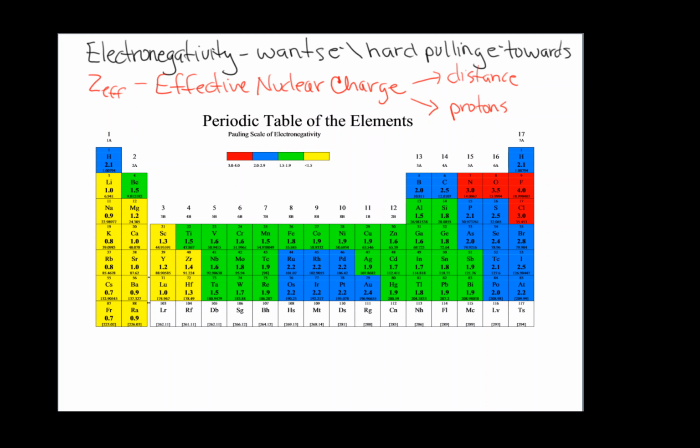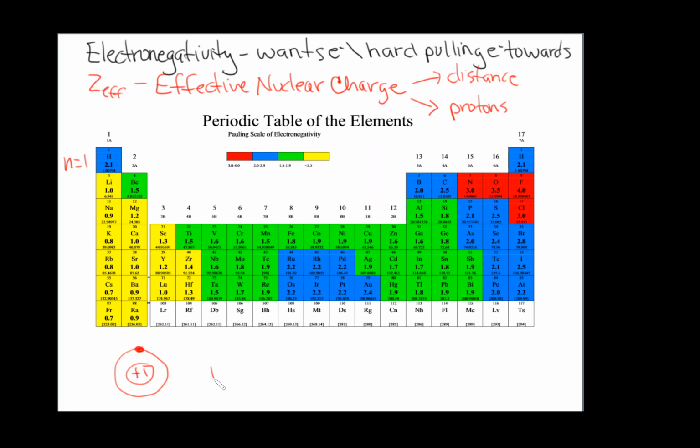Okay, so for instance, let's take a look at hydrogen. Hydrogen has one proton in its nucleus, and it has one electron out here. So this electron is feeling the entire pull of the nucleus. So that is not bad. This is n equals 1, that first shell.